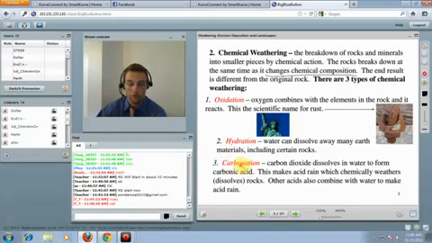So that's chemical weathering. If you have a flood, which is physical weathering, and the flood comes upon a bunch of these rocks that are covered with carbonic acid, they're going to be washed away much more easily. So this would be another example of chemical and physical weathering at the same time.